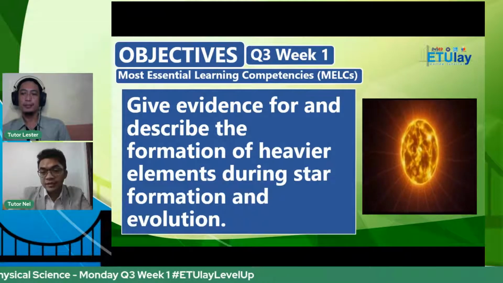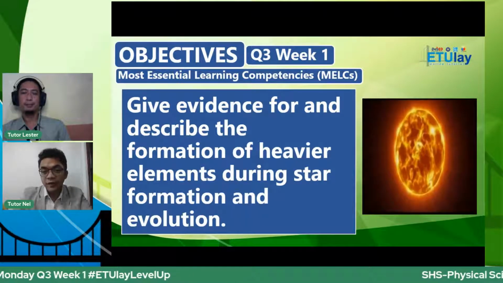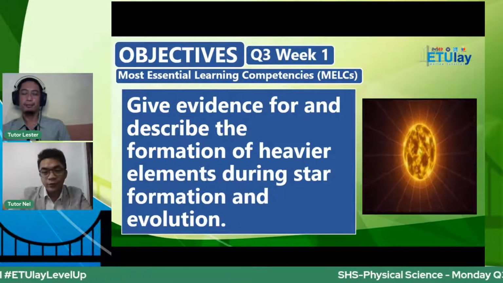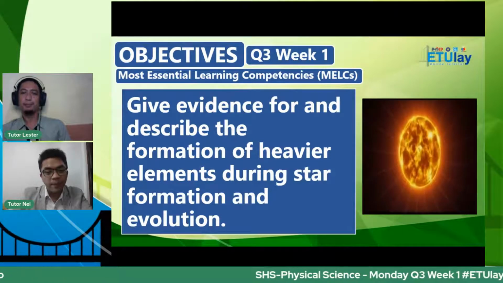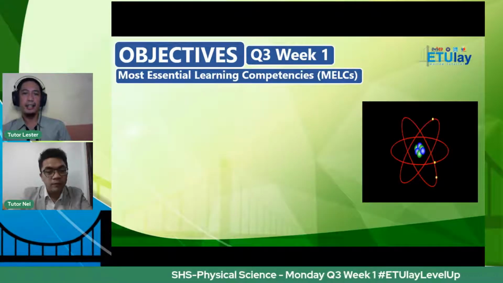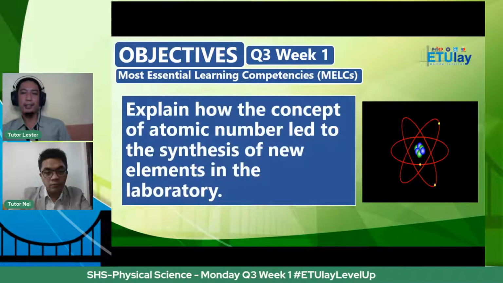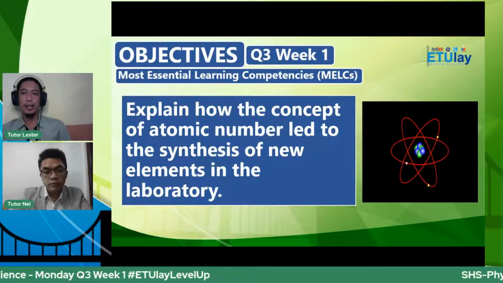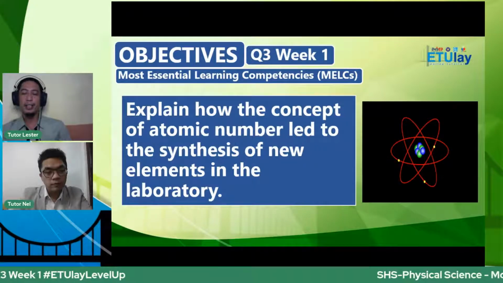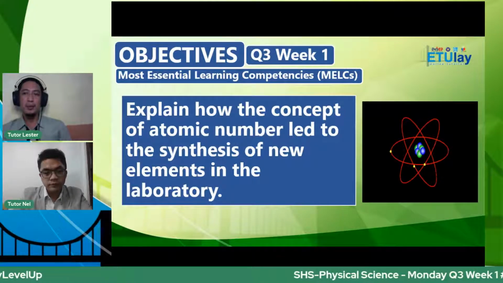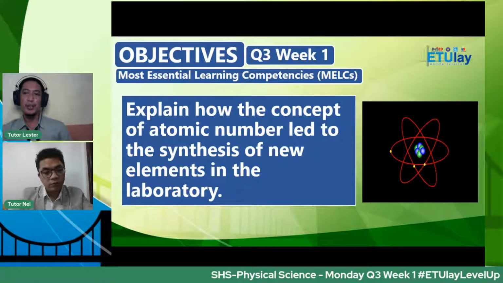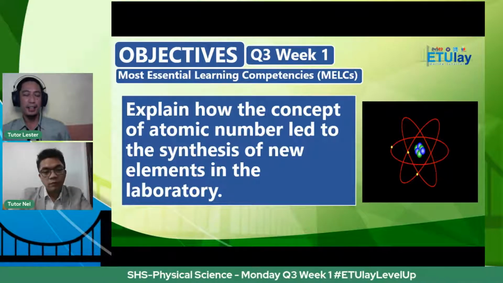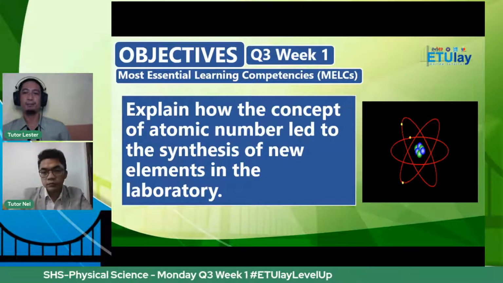So we will discuss the star formation and how elements are formed in the core of the stars. And explain how the concept of atomic number led to the synthesis of new elements in the laboratory. In this competency, we will discuss transmutation, or how to change the element into a new one.